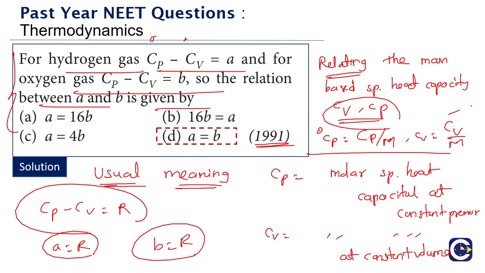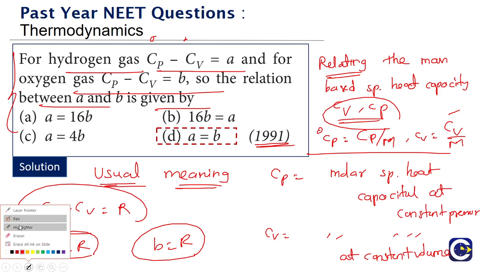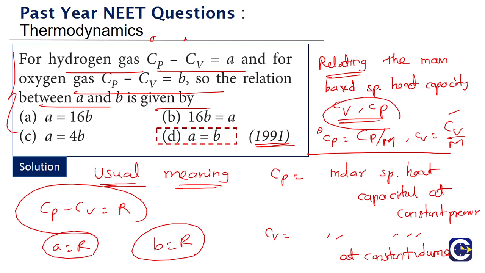Maybe you can check that problem also one more time, and we can expect in future questions asked on relating these small Cp and small Cv values. Because for any gas, what we know is the molar specific heat capacity Cp minus Cv will be R. But the small Cp and small Cv will be related in a different way. Maybe you can check that question.